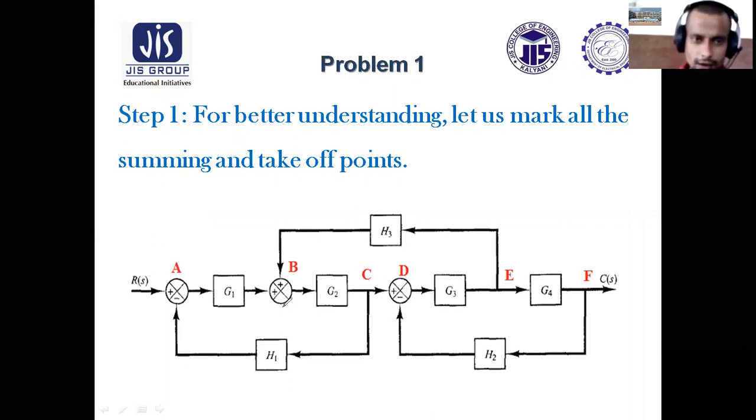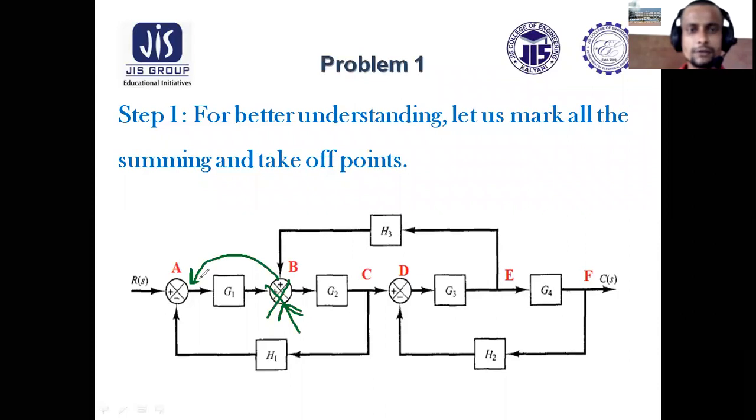So let us consider this summing point. If this summing point is shifted before G1, then what will happen? This summing point will not be there. So G1 and G2, these two will be connected in cascade. So to make this series connection between G1 and G2, we can move the summing point before the block.